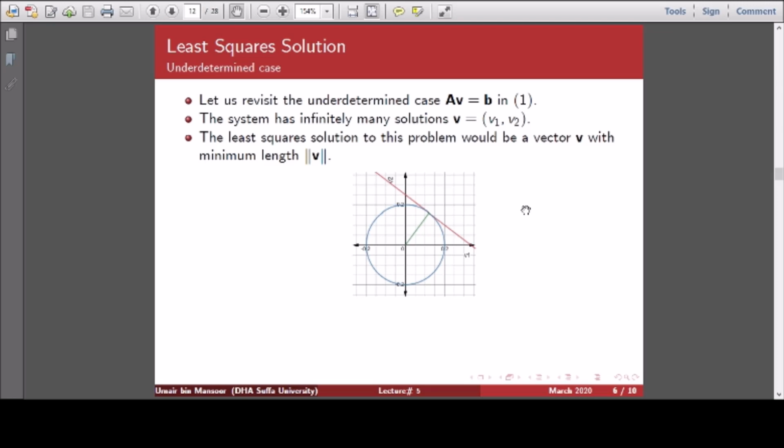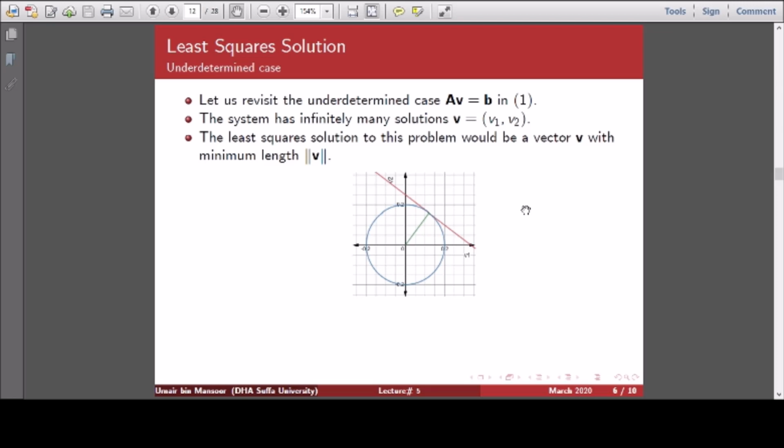So the point where it touches the line is the point that is on the line, so it is a solution. So when you put v1 and v2 in the system, you can solve that system. So you'll see that the left hand side will be equal to right hand side.